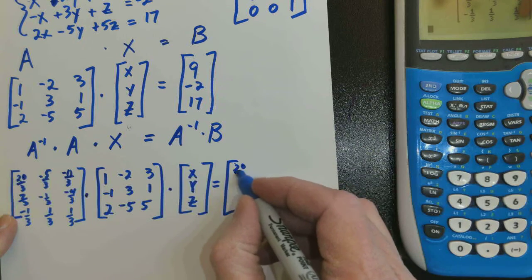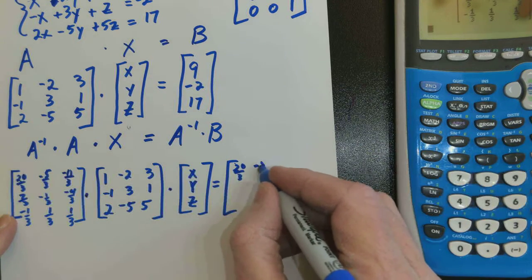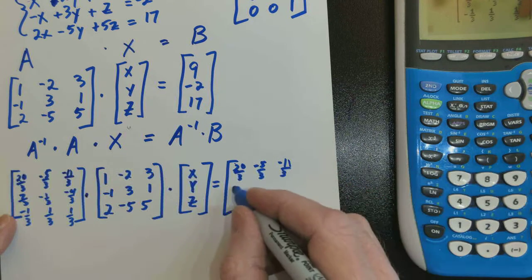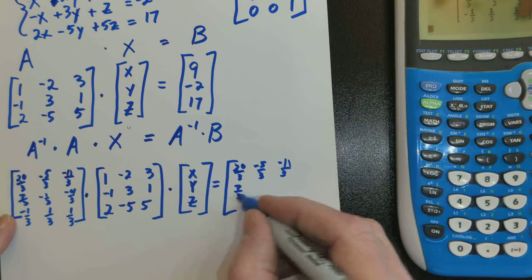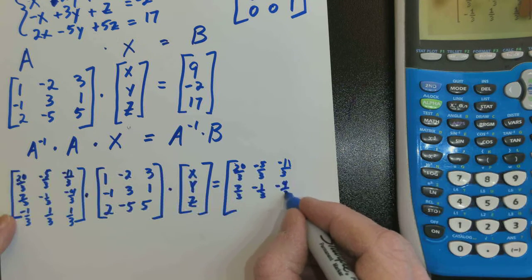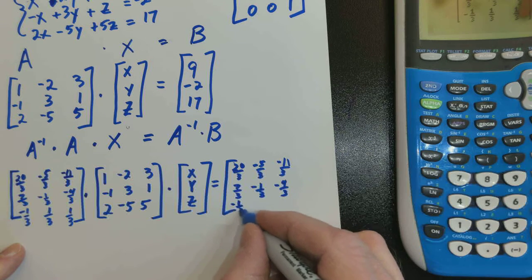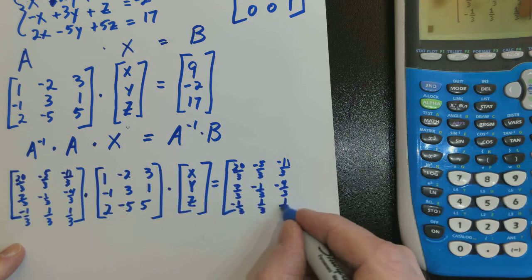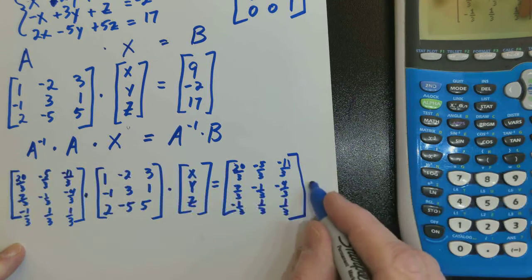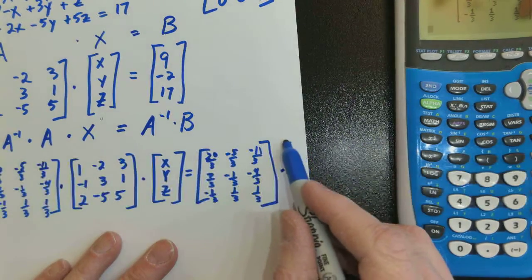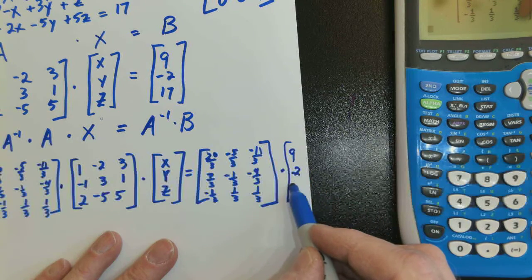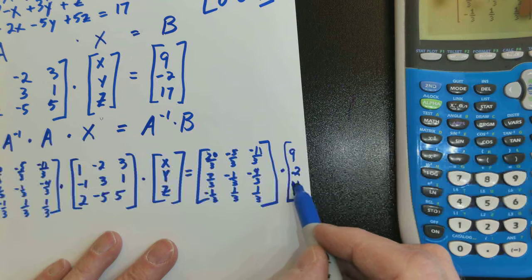So 20 over 3, negative 5 thirds, negative 11 thirds, 7 thirds, negative 1 third, negative 4 thirds, negative 1 third, 1 third, and 1 third, times 9, negative 2, positive 17.